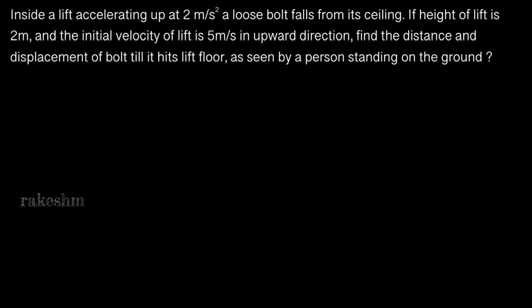In the next question, we need to find the distance covered by the bolt till it hits the lift floor as seen by an observer standing on the ground. Let us have a look at the schematic.